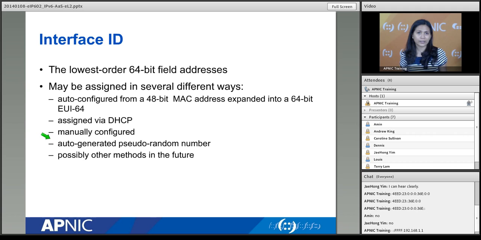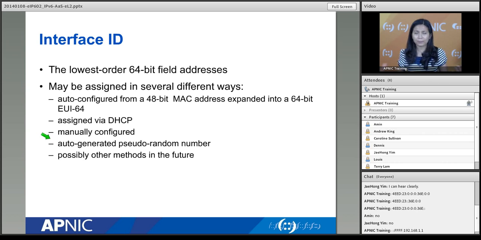Depending on the operating system, they have different defaults. Microsoft Windows normally, I think, uses pseudo-random numbers. The latest versions of Mac OS X also use pseudo-random numbers, but a lot of Linux machines, Unix machines, and older versions of Mac would be using EUI64.